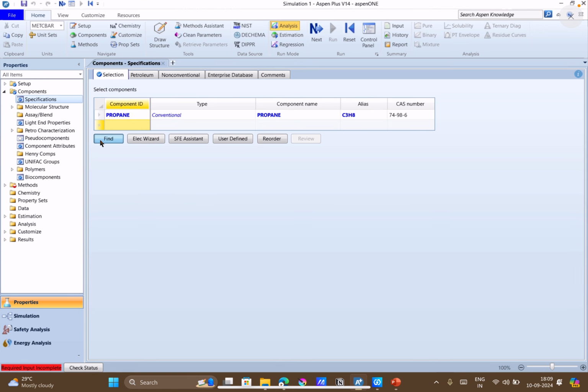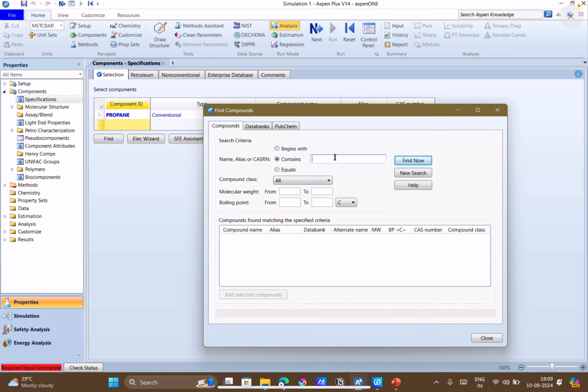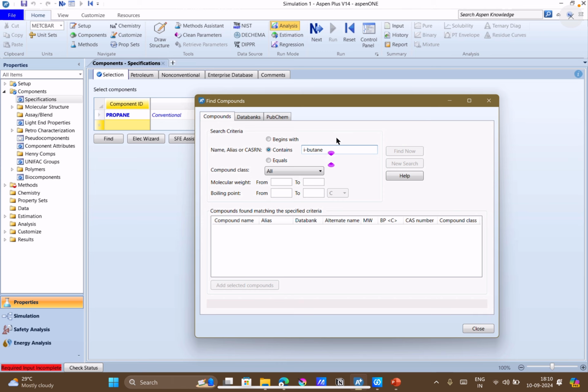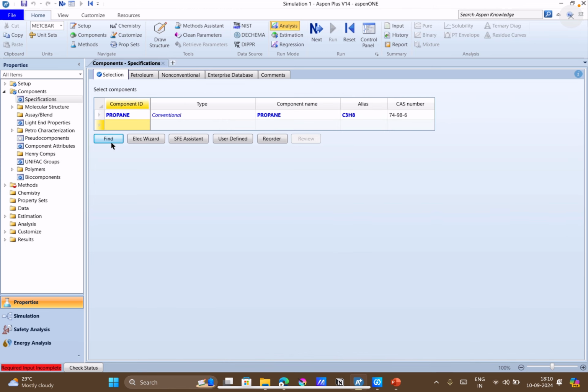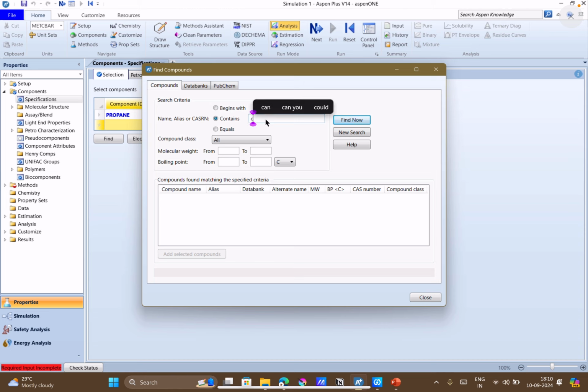For isobutane, let me just search. Why am I having this issue? Let's say C4H10, let me search by this.